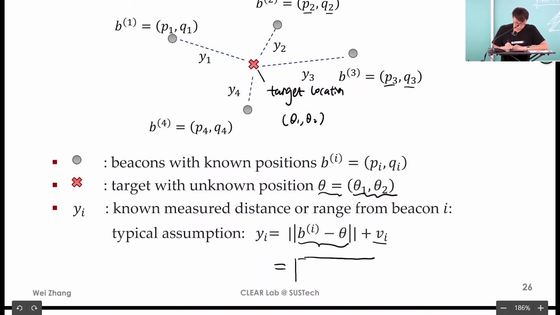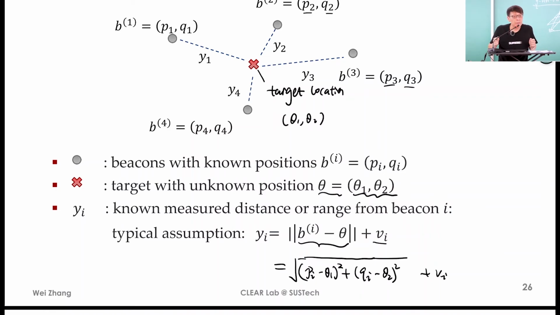This is the square root of the squared differences in the two coordinates: Pi minus theta 1 squared plus Qi minus theta 2 squared, plus some noise Vi. If this were linear in theta 1, theta 2, I could use the previous formula. But in this case, it's highly nonlinear, so I cannot use it.